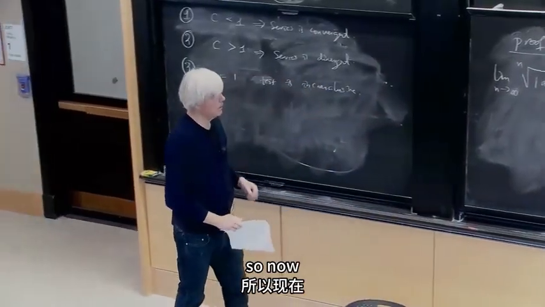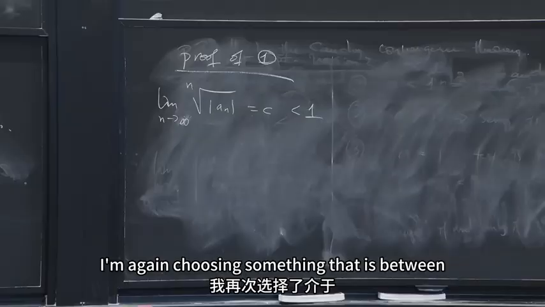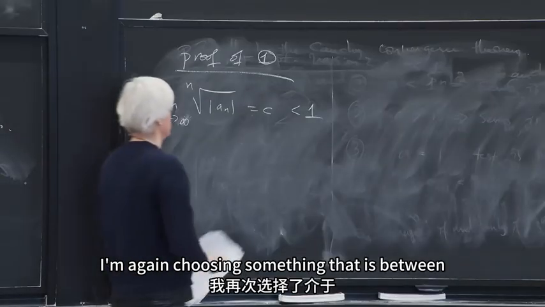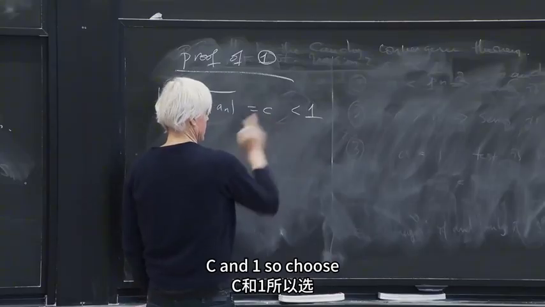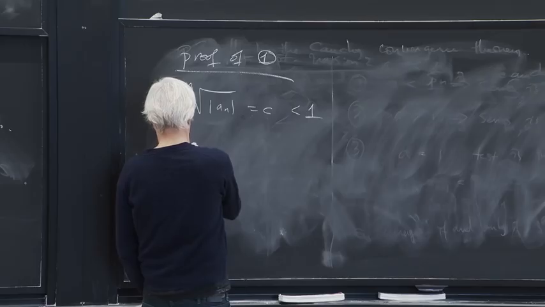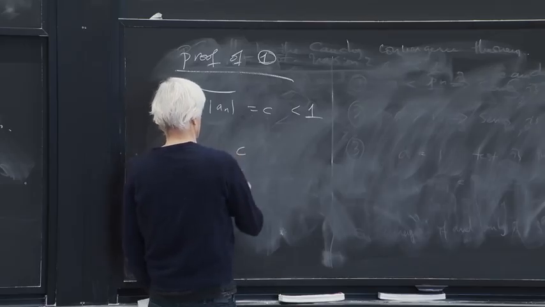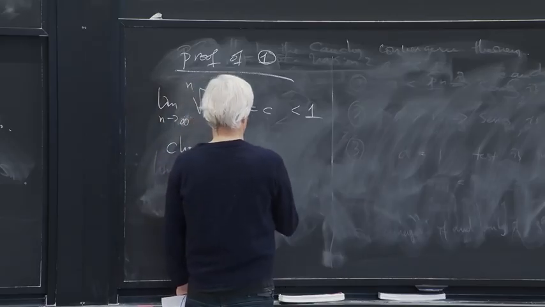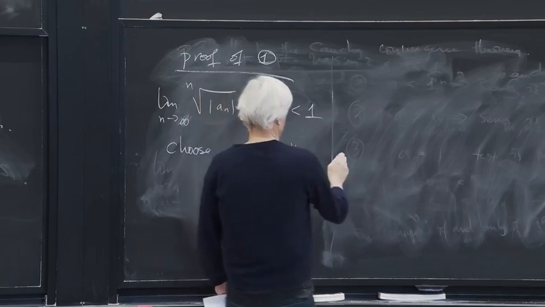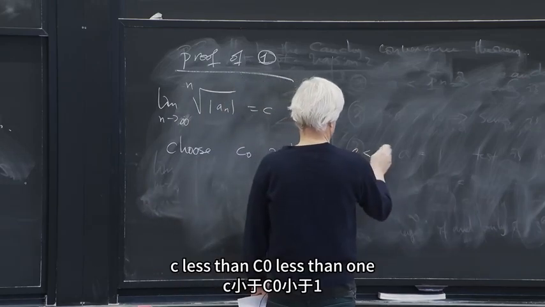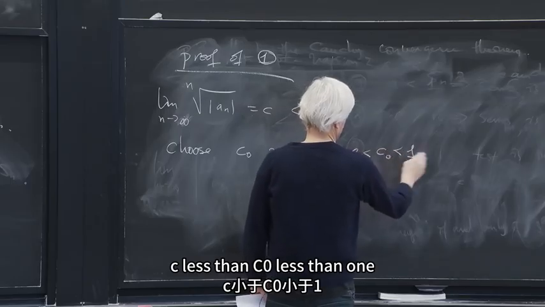So now I'm again choosing something that is between C and 1. So let's call it C0, with C less than C0 less than 1.